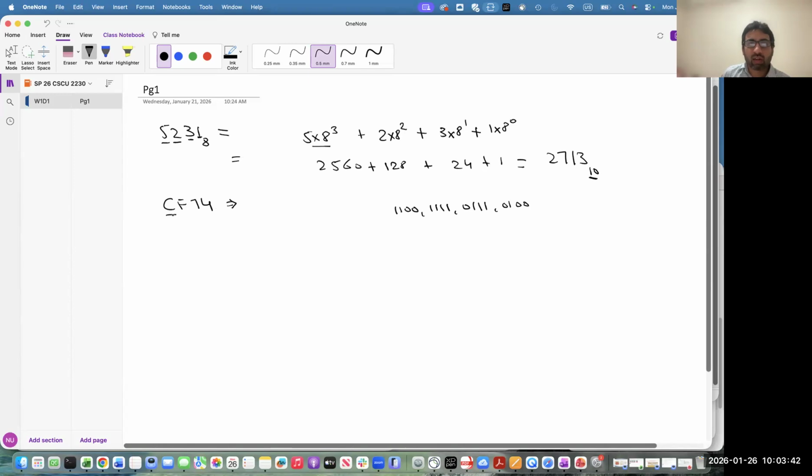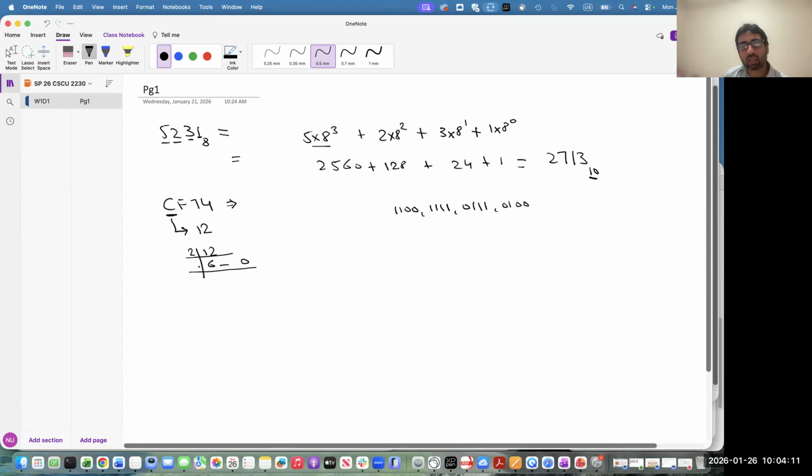So let's say I want to convert character C to the bit pattern, right? I first need to know the equivalent value of character C in the decimal system. So C is basically 12, right? Then I do repeated division on 12. I repeatedly divide it by 2. When I divide 12 by 2, 6 is the quotient, remainder is 0.